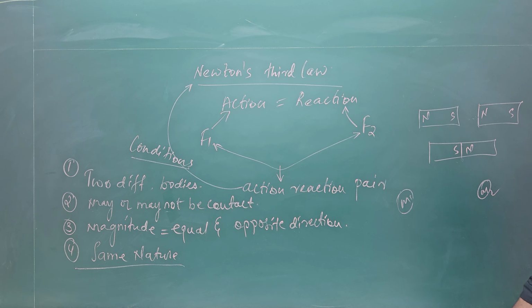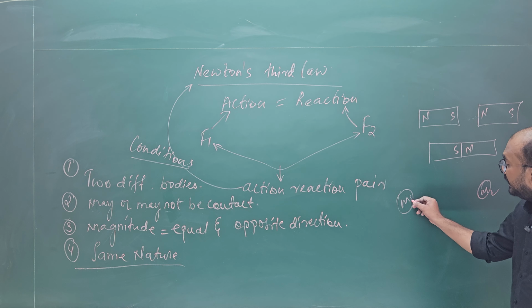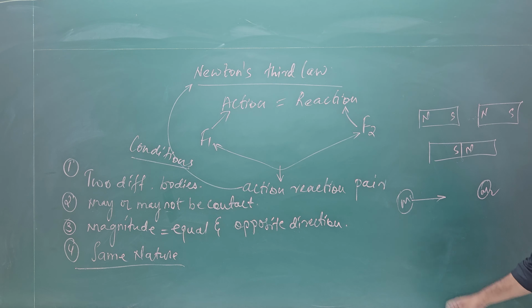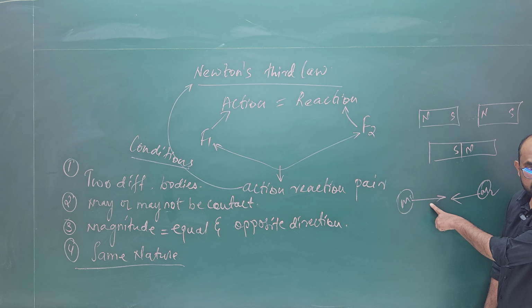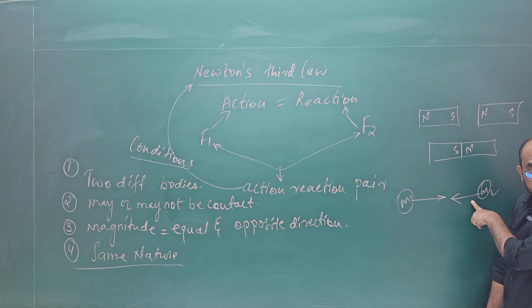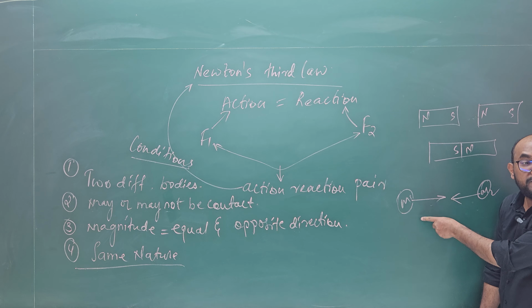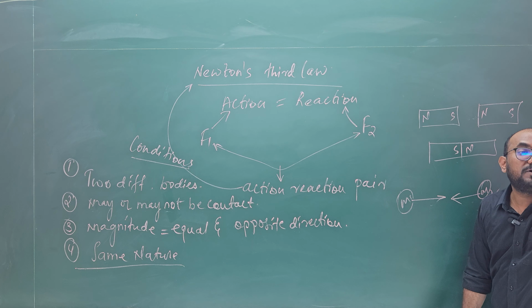Yes or no? Gravitational force, obviously. Can I say that body 2 will try to attract M1 in this direction, body 1 tries to attract in this direction? Yes or no? What kind of force is this? Gravitational force. These two bodies have an equal amount of force, opposite in direction. Both forces are of the same nature, that is, gravitational force.